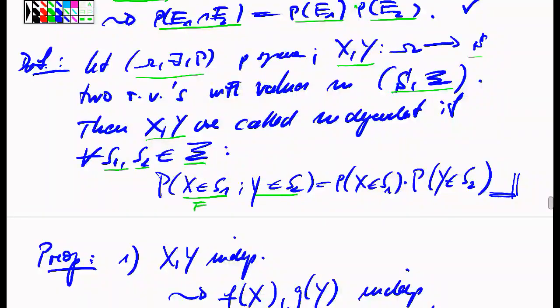If this is an E1 and this is an E2, then we want that pairs of such events E1 and E2 are independent when the sets E1 and E2 are obtained as pre-image sets under the maps X and Y for pairs of target sets S1 and S2.